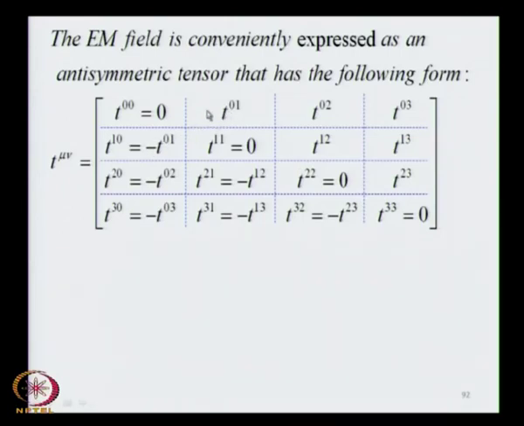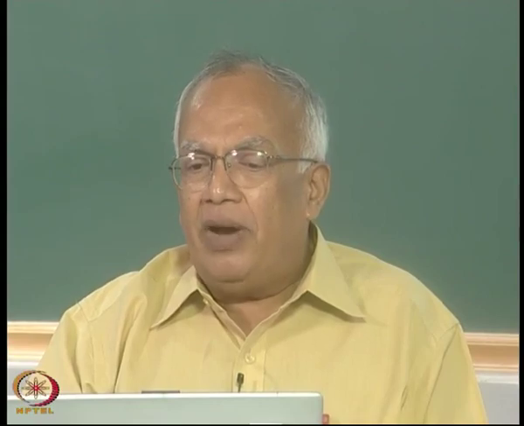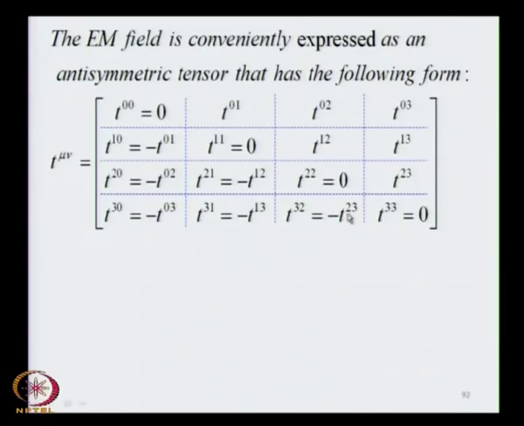So, if you go equidistant away from the diagonal, then the corresponding terms have got opposite signs. So, this is T23 and this will be minus T23. So, T32 is equal to minus of T23. So, when you interchange the indices over here, you pick up a minus sign. That is what makes this tensor antisymmetric.